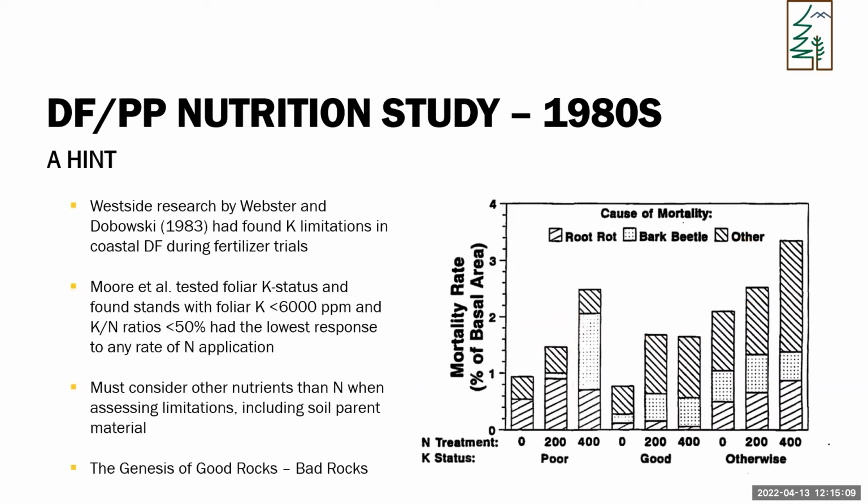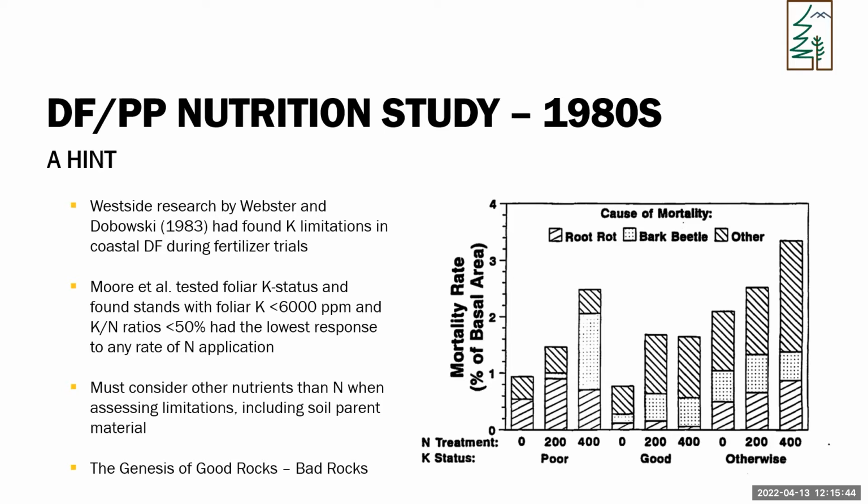And so there was actually some work being done by Webster and Dabowski over on the west side, and they were finding this interesting correlation between potassium limitations in Douglas fir following fertilizer trials. And essentially this was a ratio. And that ratio was if they were less than 6,000 parts per million of potassium in the foliage, and or you had this K-to-N ratio of less than 50%, we were seeing no response to nitrogen application.